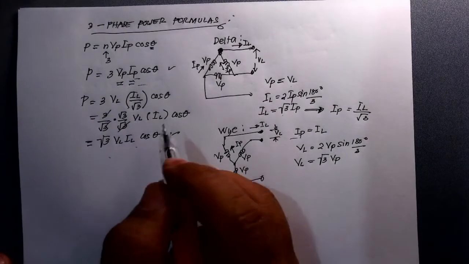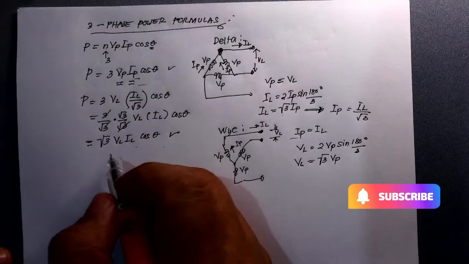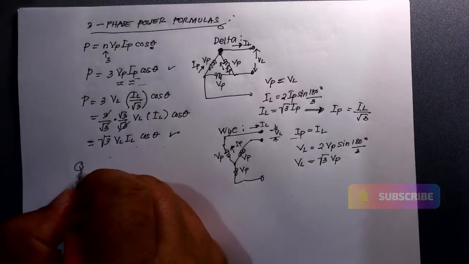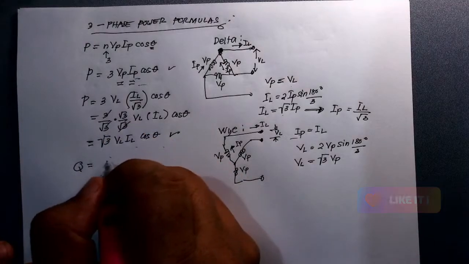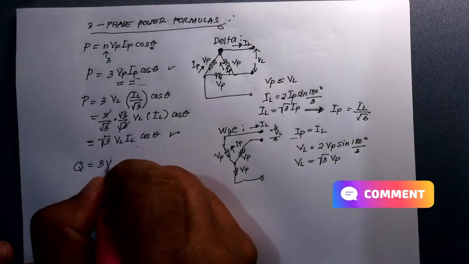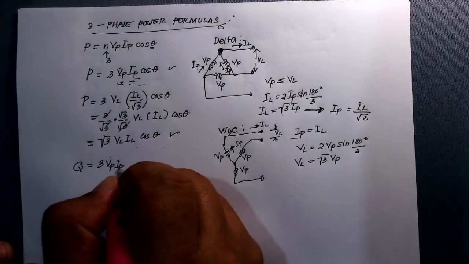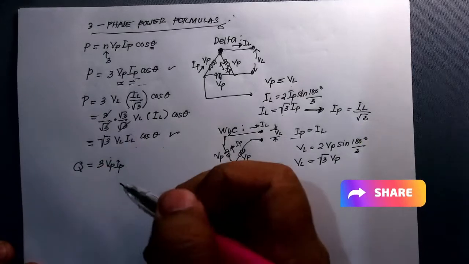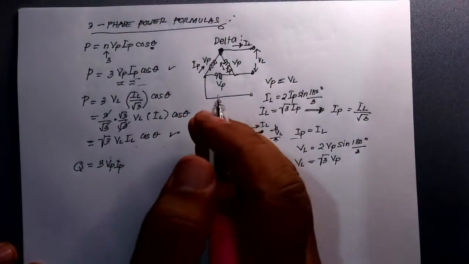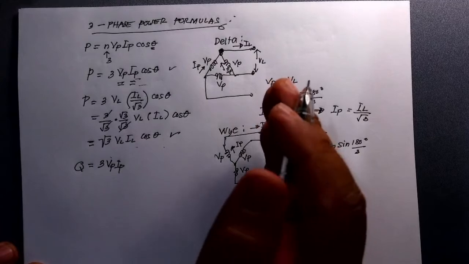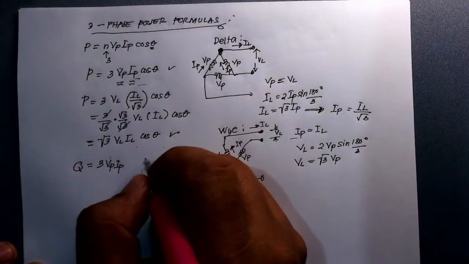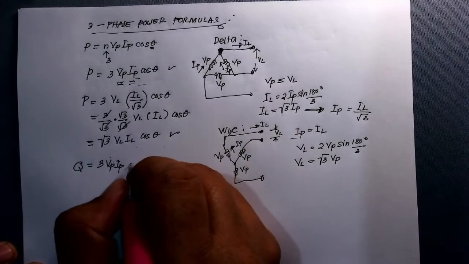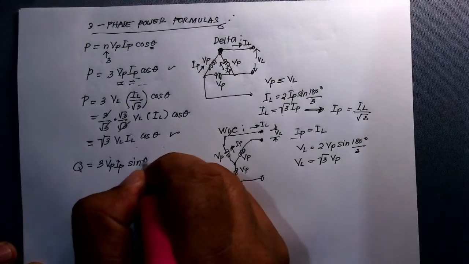Now for your Q, Q is again 3 times V sub P times I sub P. Since our Q is on the opposite side of your angle theta, we use sine theta.